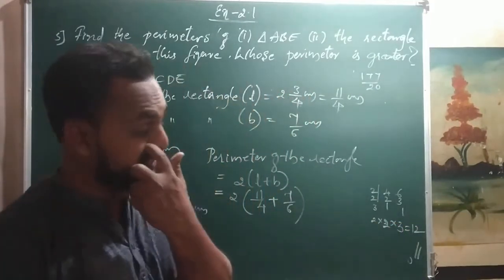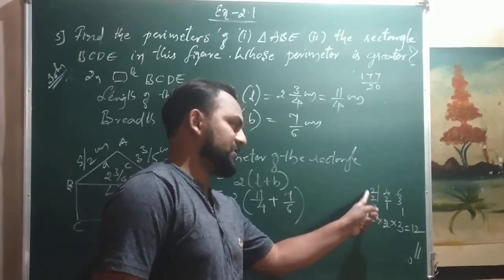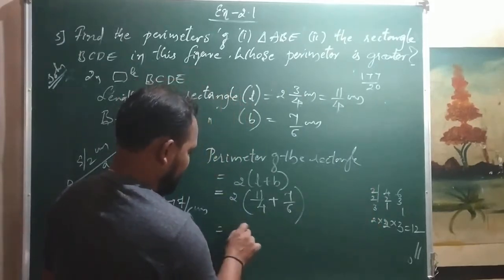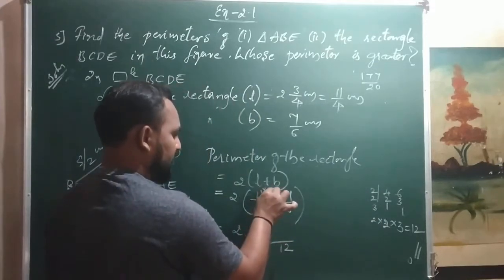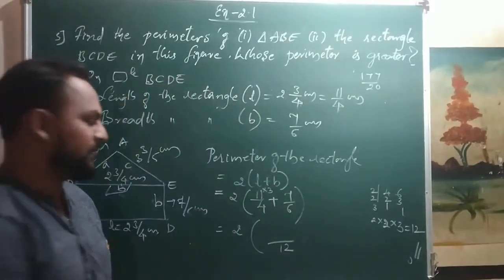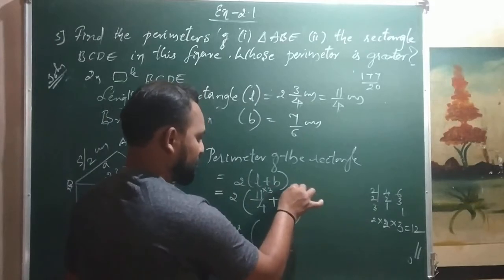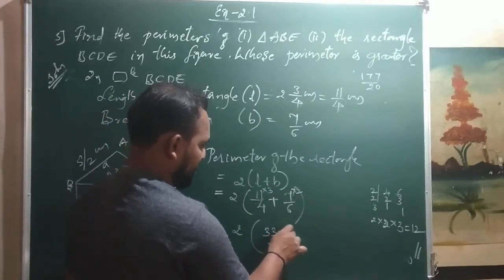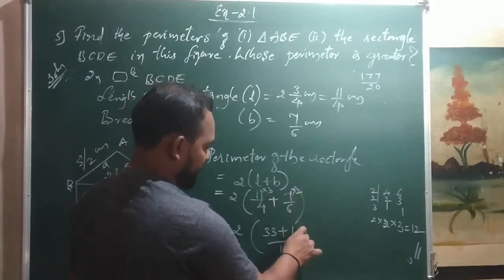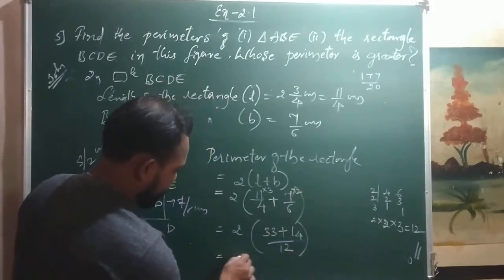The LCM is 12. Here 4 3s are 12, and 6 2s are 12. 11 3s are 33 plus 7 2s are 14.